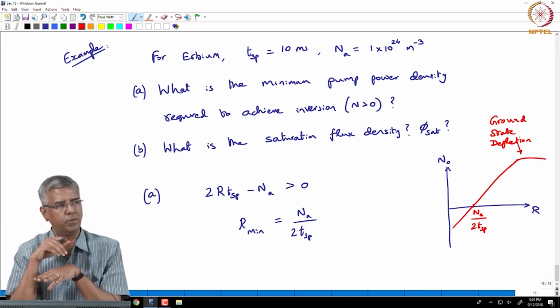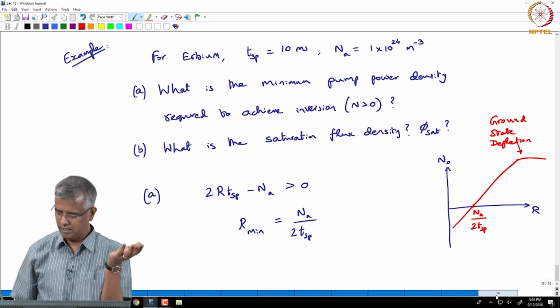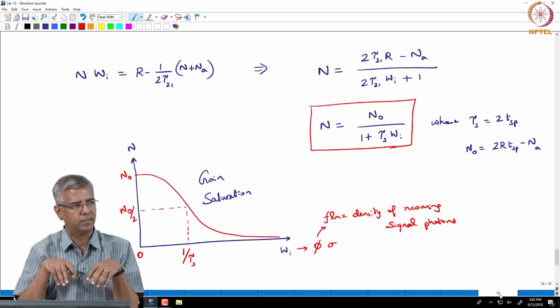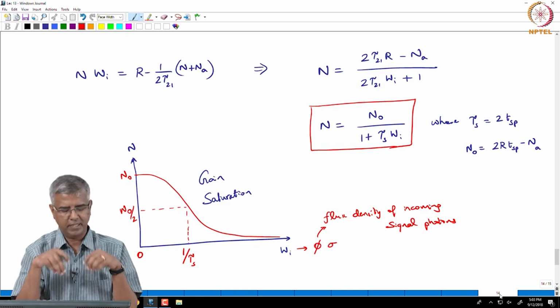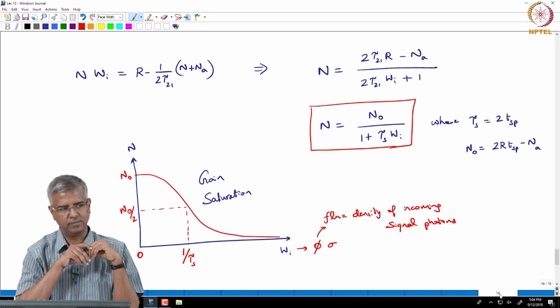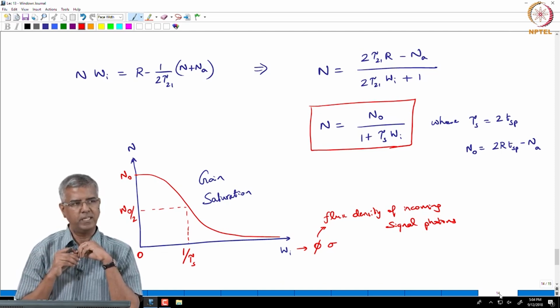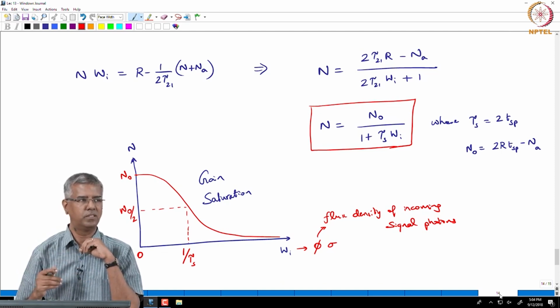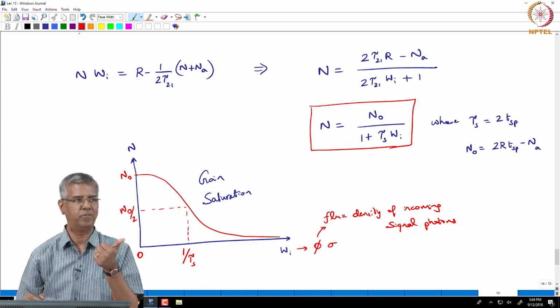Now, this saturation that we are talking about is different from the other saturation we discussed previously, right. The other saturation here, what is this due to? Here when we talk about gain saturation, what are we talking about? We are basically saying that the gain is reduced as you increase what? Input signal flux density.